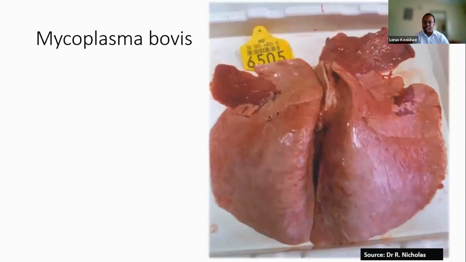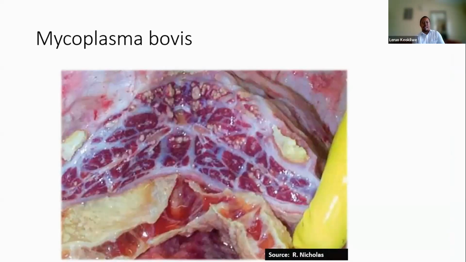We can see here with the cranial lung lobes, the consolidation starting, and also enlarged edematous lung for the early lesions of Mycoplasma bovis infection. These are the more chronic lesions with a lot of small sequestra through the lung tissue. We can see the hepatization there. We can see the enlarged interlobular septi, and also paying attention to the pleura, the infected pleura, the pleuritis, which is enlarged.